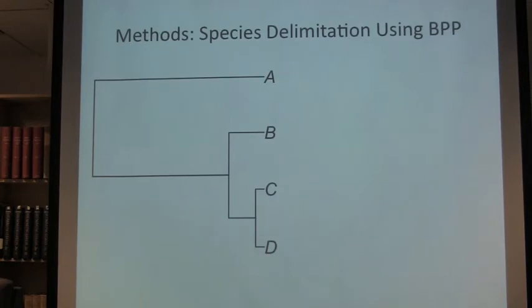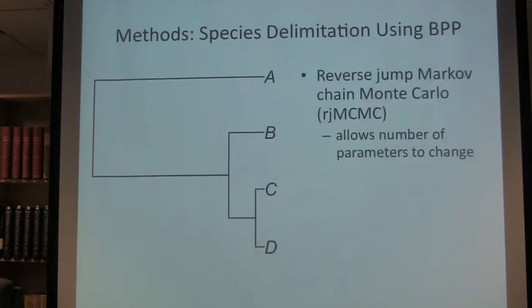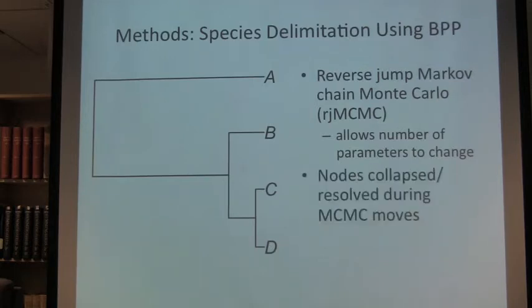So for comparison, I also applied BPP. BPP uses a reversible jump Markov chain Monte Carlo algorithm. That algorithm allows the number of parameters theta to change during Markov chain moves. So this is a type of move that's not allowed under classical Markov chain Monte Carlo. So this allows for nodes to be collapsed and resolved during Markov chain moves.